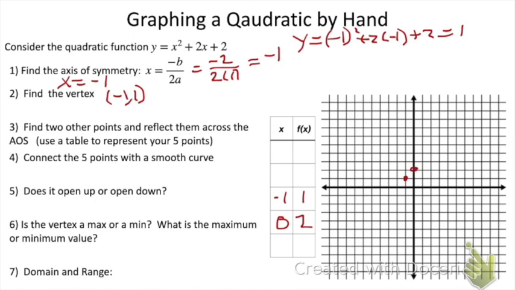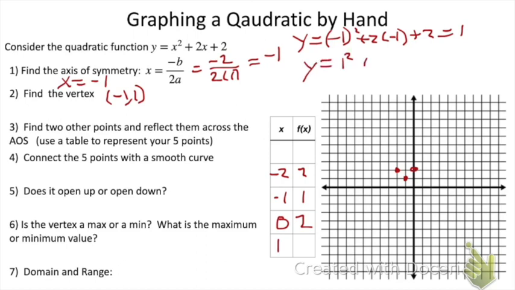When we mirror that across the axis of symmetry, we go 1 to the left of the axis of symmetry. That will be at negative 2. We'll also go to 2. There's negative 2, 2. Now we're going to go to x equals 1 and solve when x is 1 to find our y coordinate.